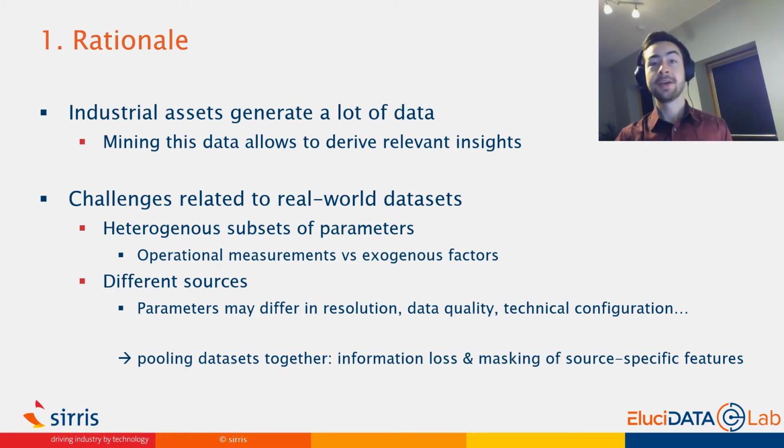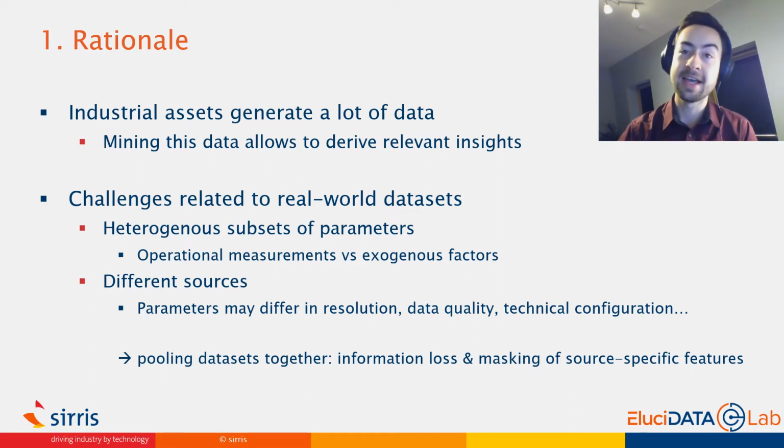A second challenge related to real-world datasets is that there are often different sources. This is good because more sources means there's more data available. However, each dataset can have parameters which may differ in resolution, in data quality, in technical configuration, etc. So it's quite hard to keep all the information.